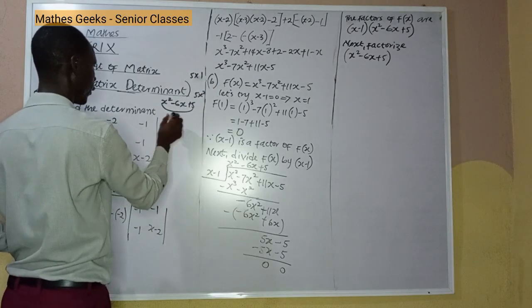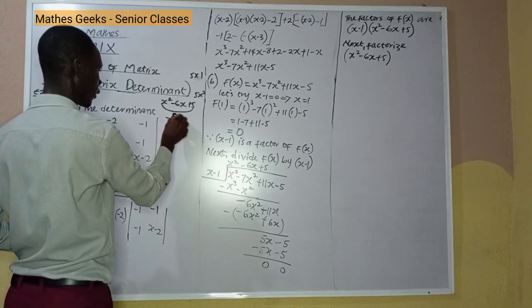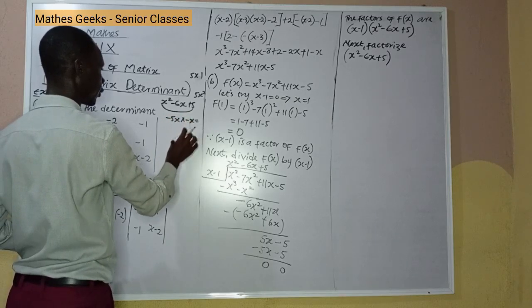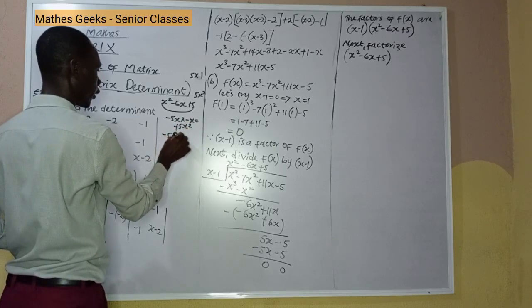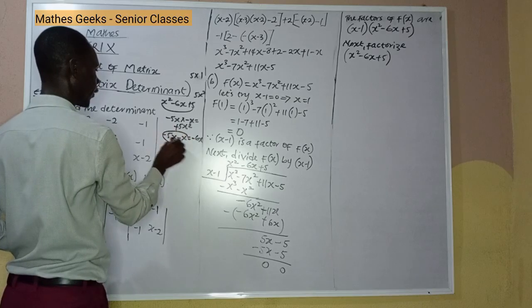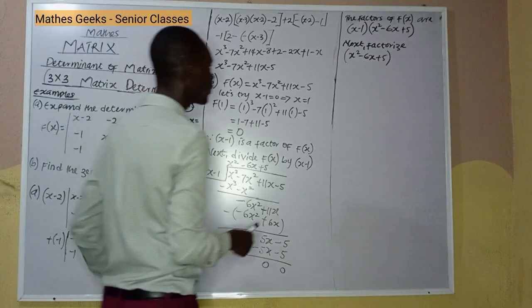So this will give us minus 5x times minus 1 or minus x, which gives plus 5x squared, and minus 5x minus x equals minus 6x. So this satisfies what we have here. So we'll put all of this in place of minus 6x.